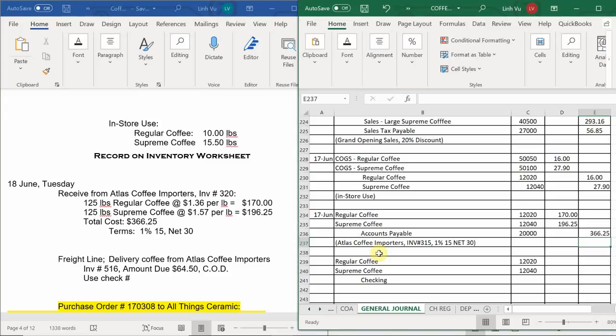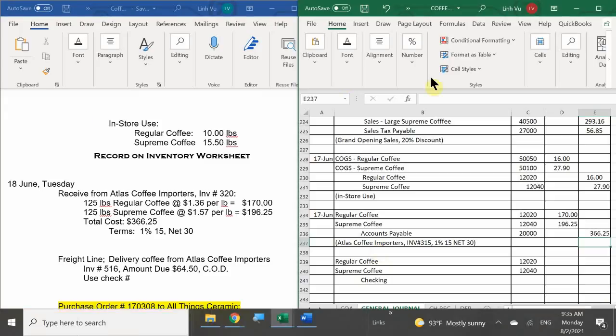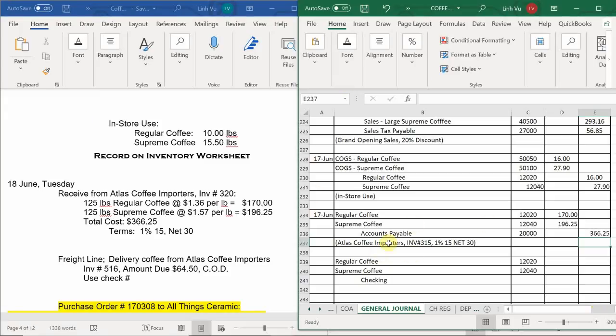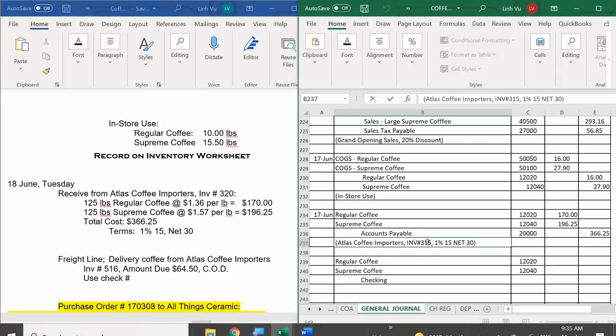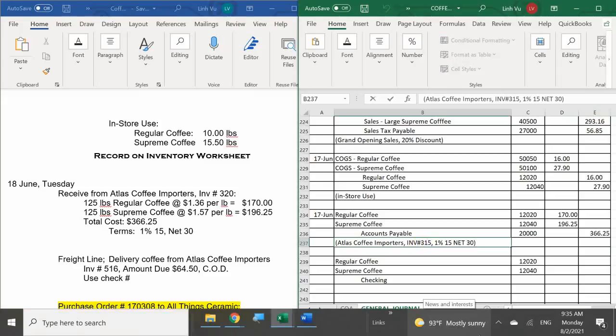Yes. Good. Which in this case we are not going to pay now. We're going to pay later. Okay. Cash on delivery, right? Yes, cash on delivery. What invoice number was this one? 320. 320. 1% 15, net 30 is still the same.